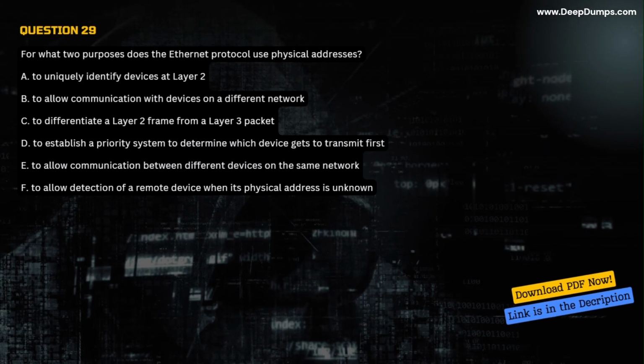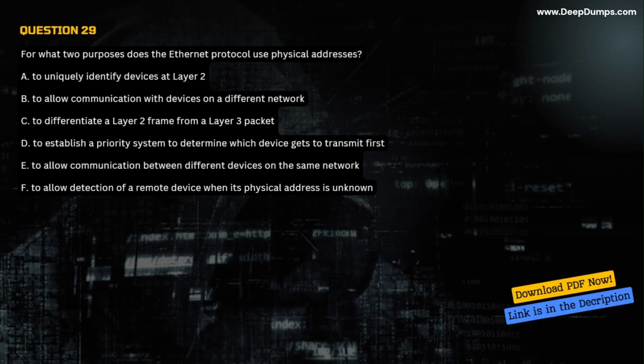Question 29. For what 2 purposes does the Ethernet protocol use physical addresses? A. To uniquely identify devices at Layer 2. B. To allow communication with devices on a different network. C. To differentiate a Layer 2 frame from a Layer 3 packet. D. To establish a priority system to determine which device gets to transmit first.